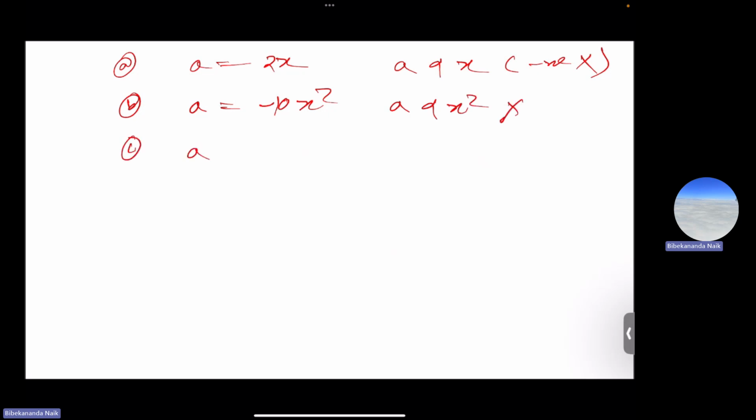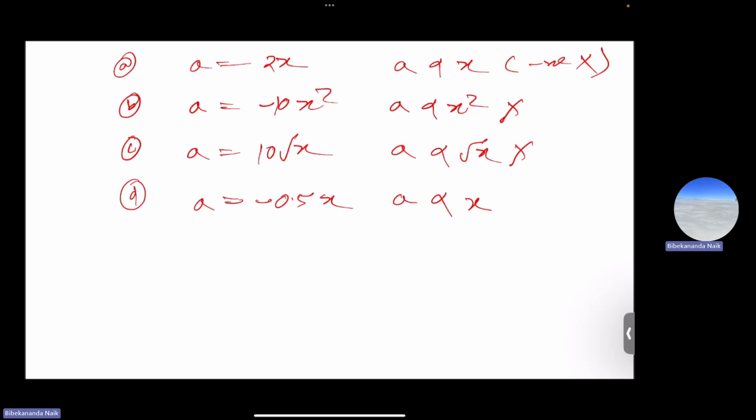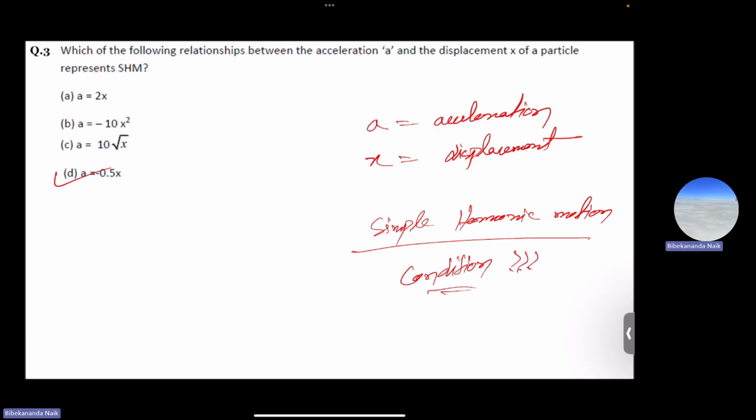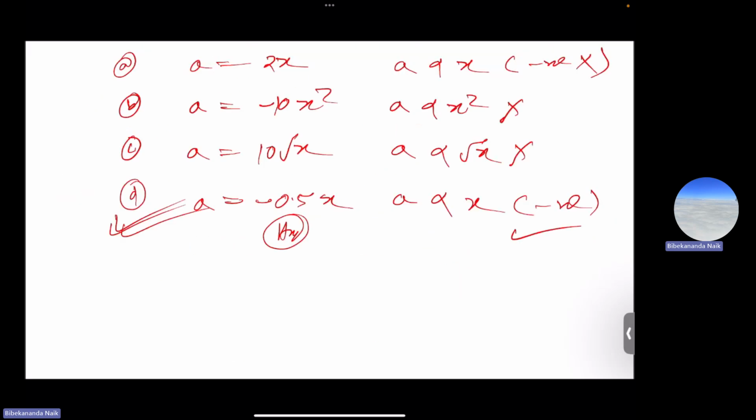Option C, a equals 10 root x. Here a is proportional to root x, so it is not possible. And option D, a equals minus 0.5x. Here a is directly proportional to x and also the negative sign is present. So option D is the correct answer. I hope this is clear to everyone.